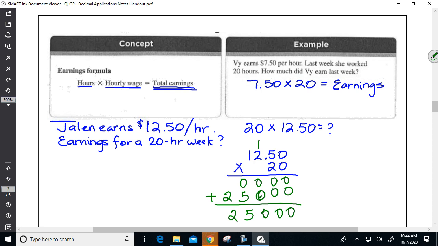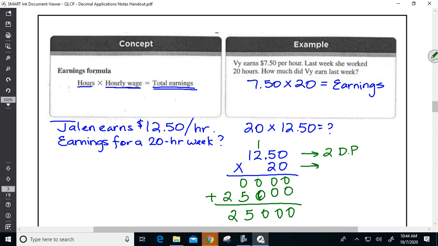So, are we finished with this problem? Did Jalen make $25,000? You gotta drop the decimal down. He wishes he made $25,000 over the 20-hour length. So, the first number had 2 decimal places.